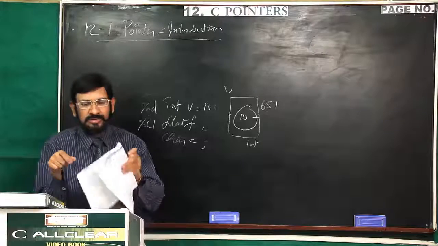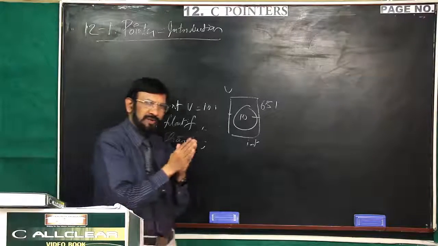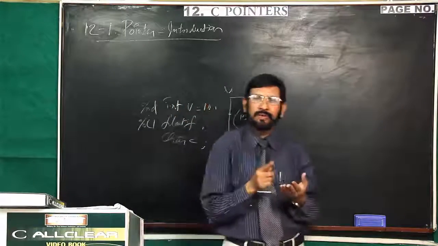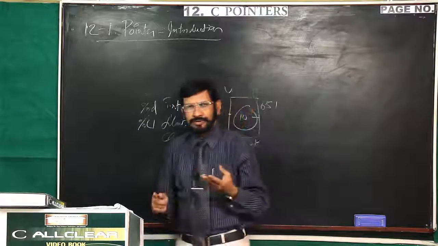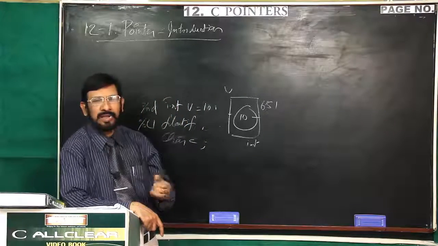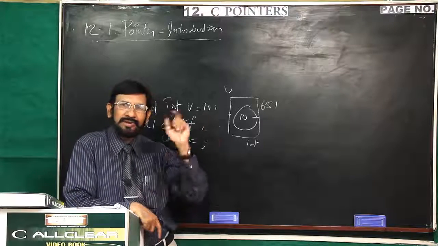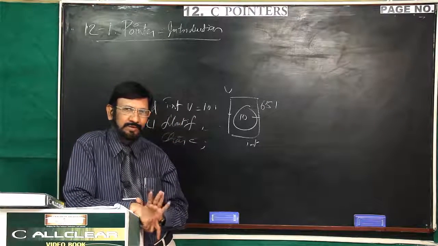You must understand this point. Now, how can you differentiate an ordinary variable from a pointer variable? An ordinary variable can store an ordinary value, a value of the corresponding type, and a pointer variable can store the address of any variable. It cannot store ordinary values.